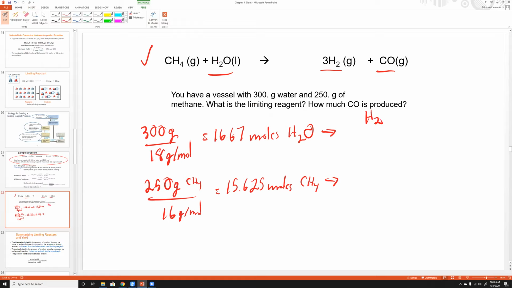If we know that 1 mole of water makes 3 moles of H2, 16.67 will make whatever that is times 3 of H2. 16.67 times 3 is 50. So 50 moles of H2. For methane, same thing. 1 methane makes 3 H2. 15.625 makes 3 times that, maybe 47 or something.